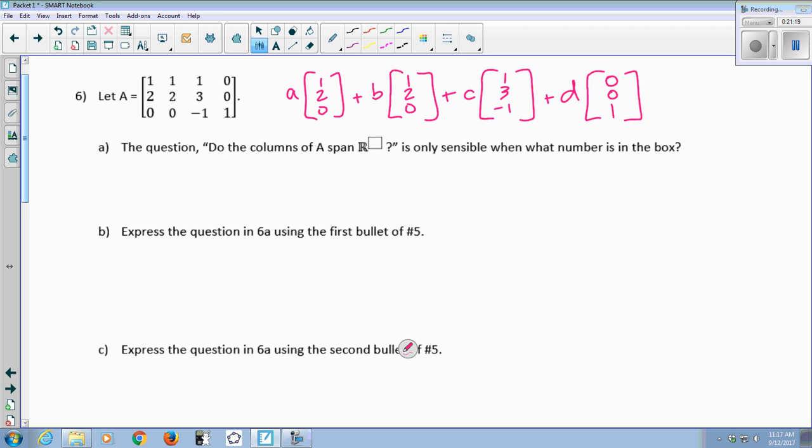If I had values for A, B, C, and D, and I just multiplied and added, the result would have how many entries? 3, right? So my result would have 3 entries.